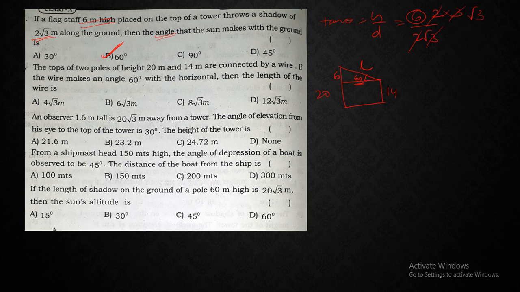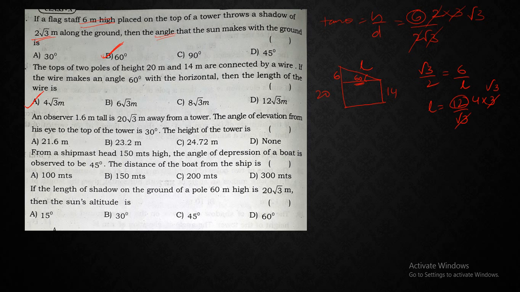So by applying sin 60, which is root 3 by 2, root 3 by 2 is equal to 6 by L, right? Next we do cross multiplication. So L is equal to 12 by root 3. Again, this 12 I can write as 4 into 3. So root 3 into root 3 times. So the answer is 4 root 3 meters.